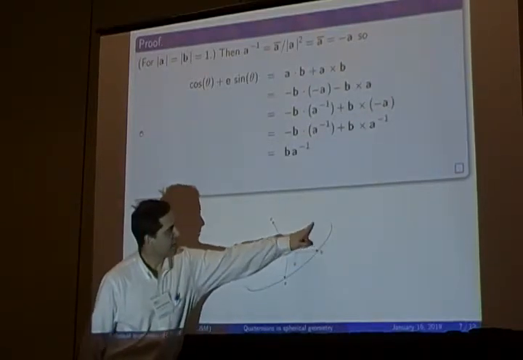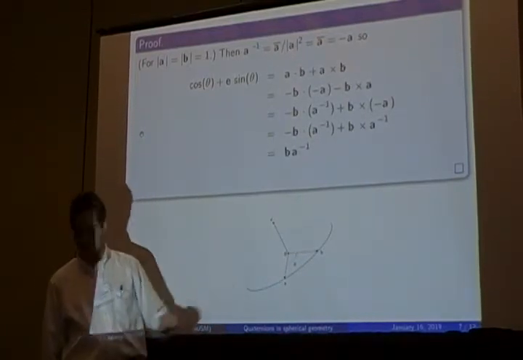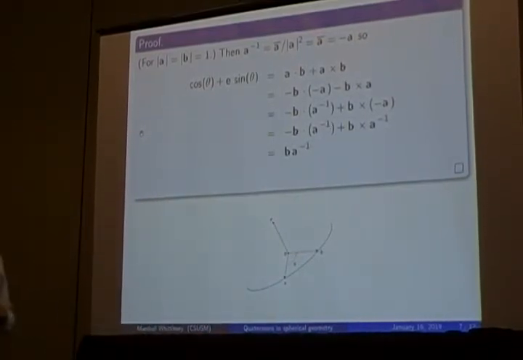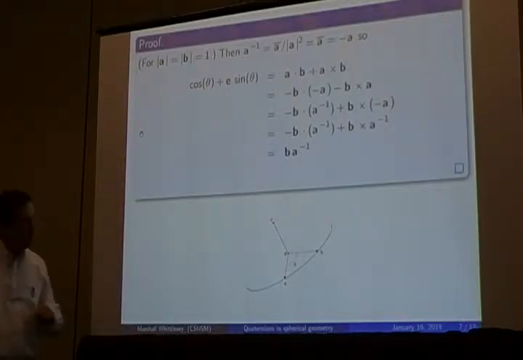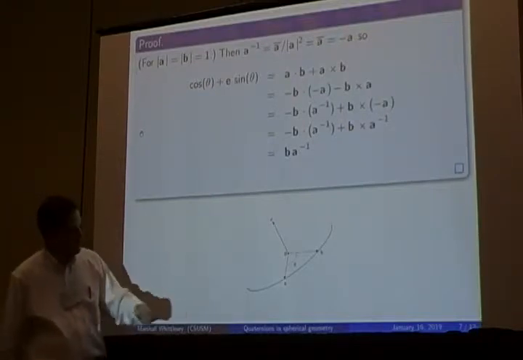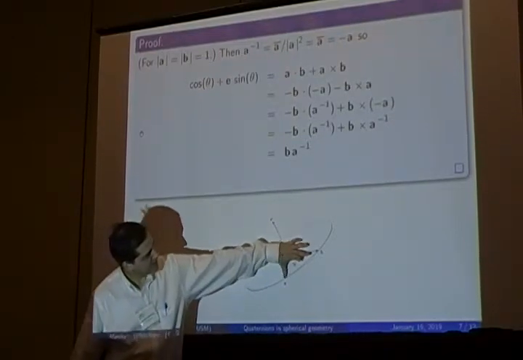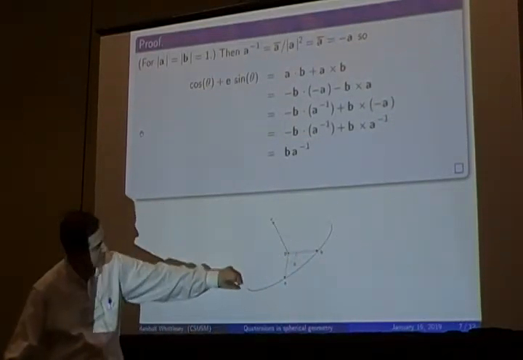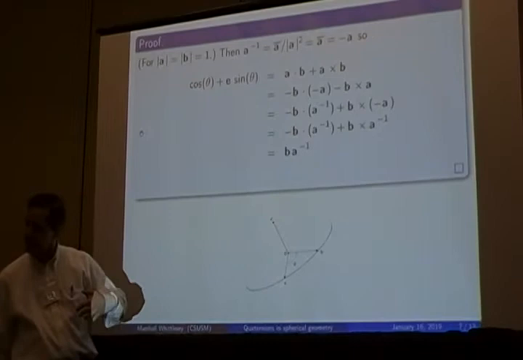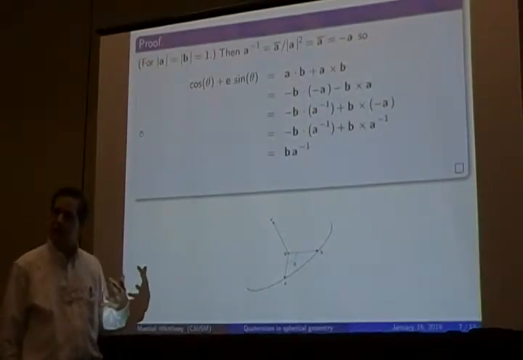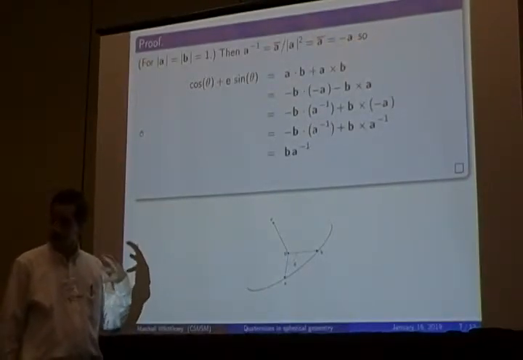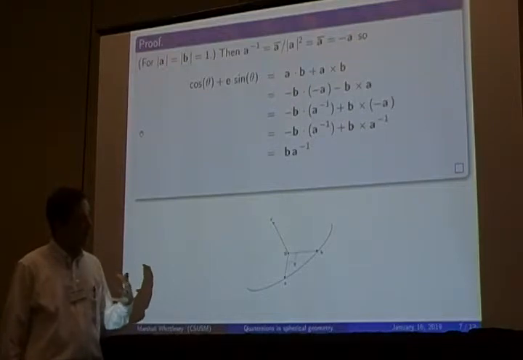So if A were there and B were over there, with that angle between them, then BA inverse is cos theta plus E sine theta. What this says is that if I can take this arc between A and B and move it around this circle, as long as I maintain its orientation, it associates with every directed great circle arc.